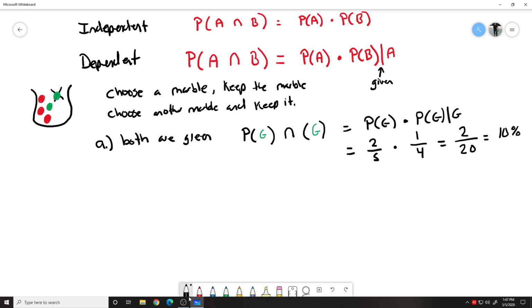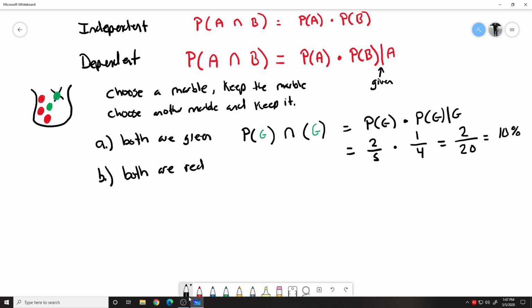Let's try another question. How about B? What's the chance that both are red? Before we even answer this question, let's think about it: do you think your chances of getting 2 red are higher or lower than getting 2 green? What do you think?